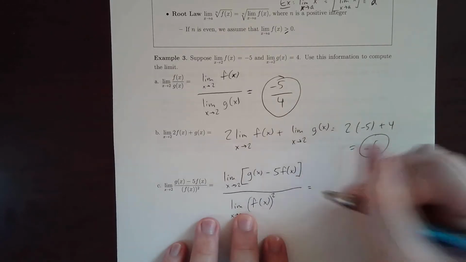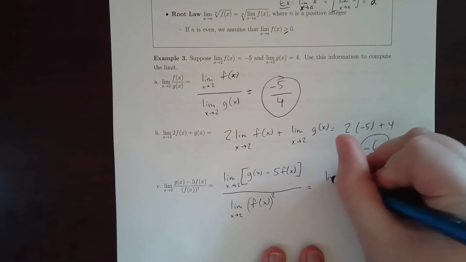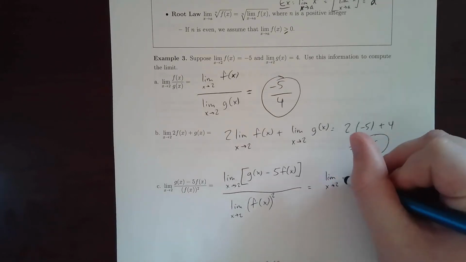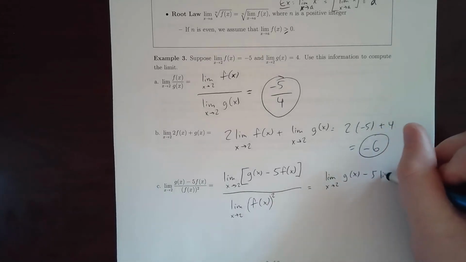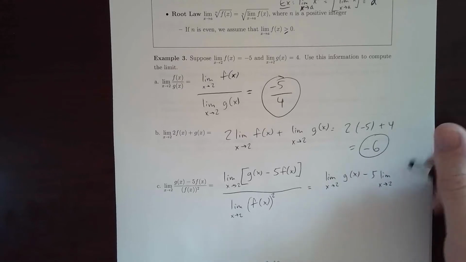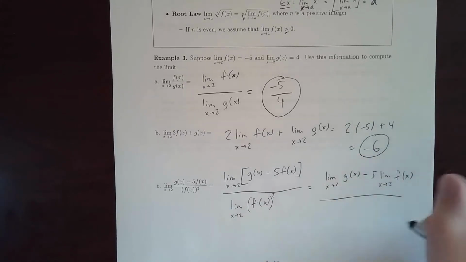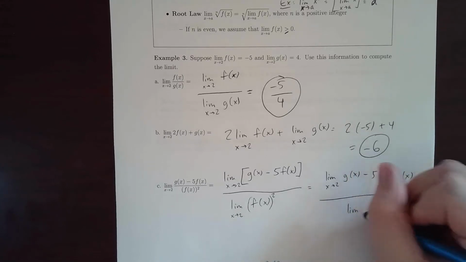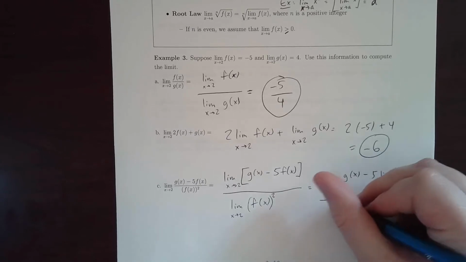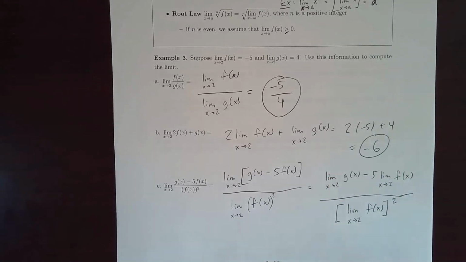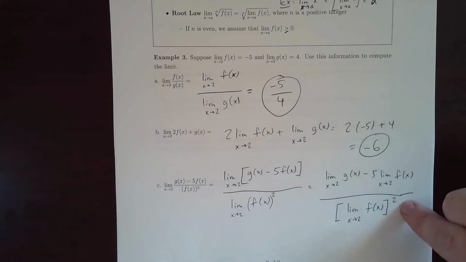So then we can break that down even further using our limit laws. In the numerator, this will become the limit as x approaches 2 of g of x minus 5 times the limit as x approaches 2 of f of x. And in the denominator, what we'll have is the limit as x approaches 2 of f of x, whole thing squared. Because remember, we have that law that says if we've got a function raised to a power, we can pull that power outside of the limit.